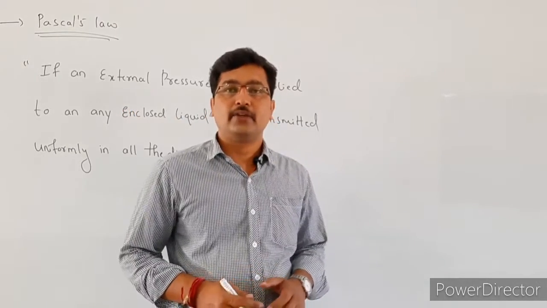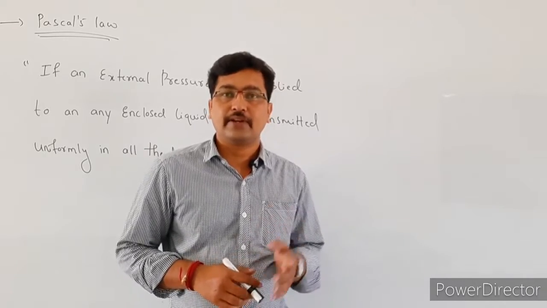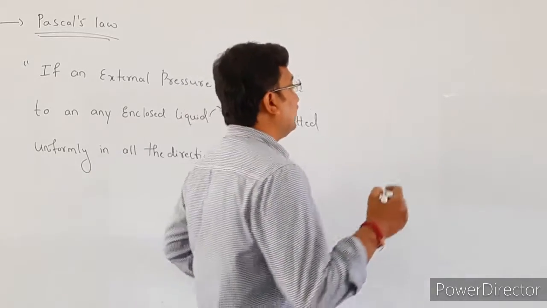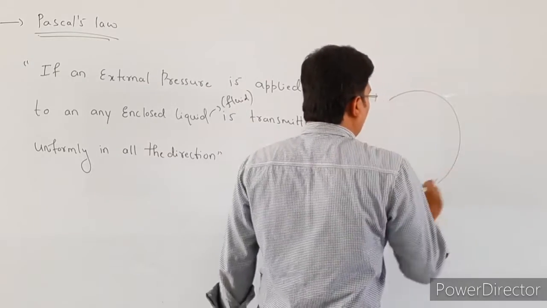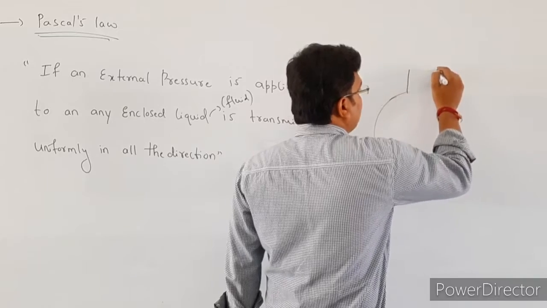In the next case, we are going to consider a spherical vessel fitted with four frictionless pistons. Okay, see here. Consider this is a spherical vessel and it is fitted with four frictionless pistons.